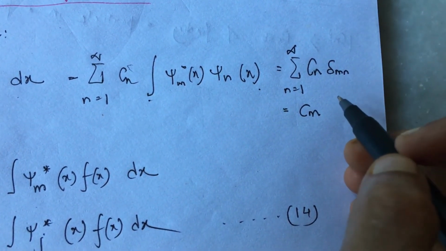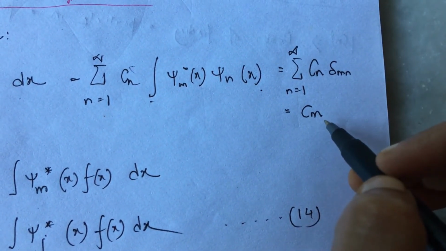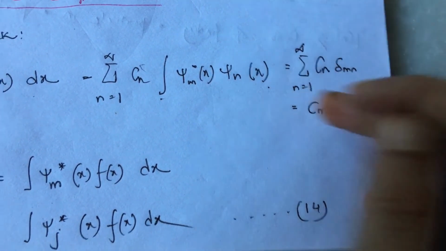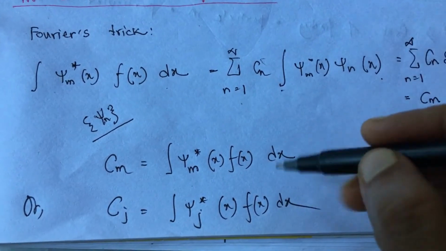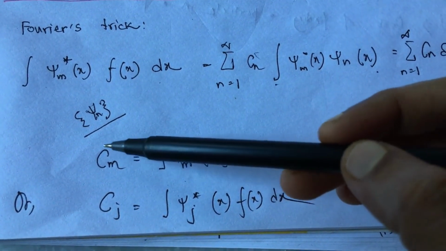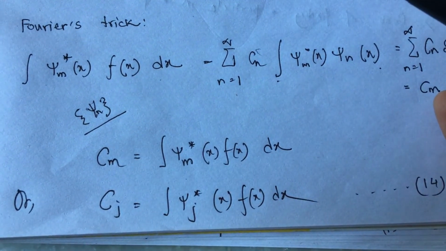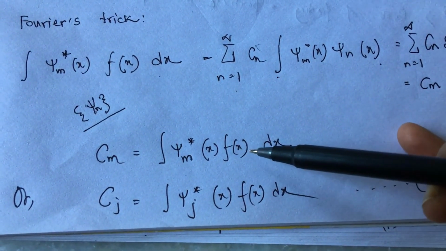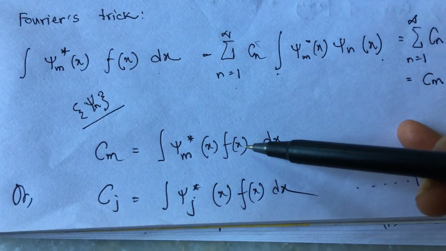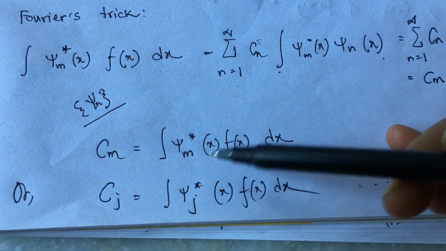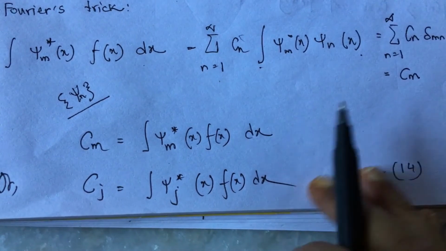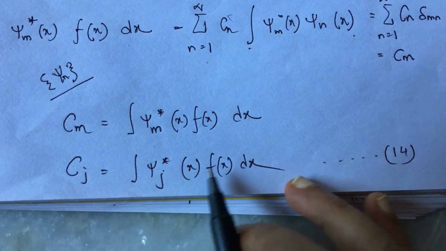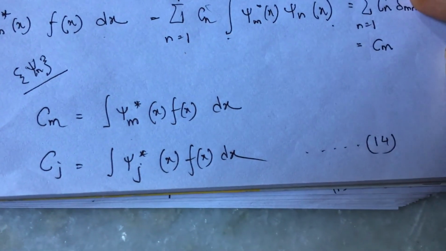So I write this as cm, because only n equal to m will survive. So what I get is this coefficient cm, which can be found from the arbitrary function f(x) and the wave function. Similarly, with a change of notation, I can also find cj from the same relation, and this is equation 14.